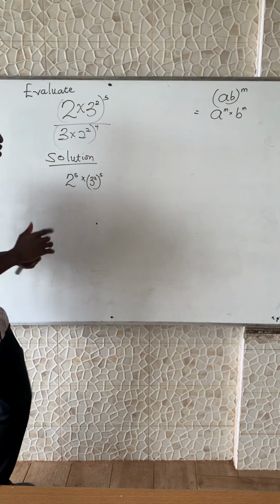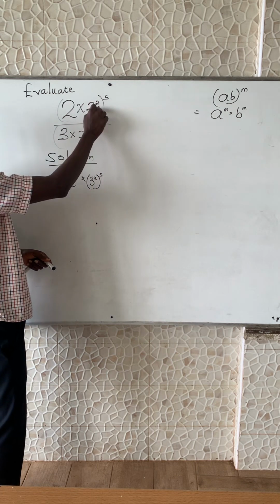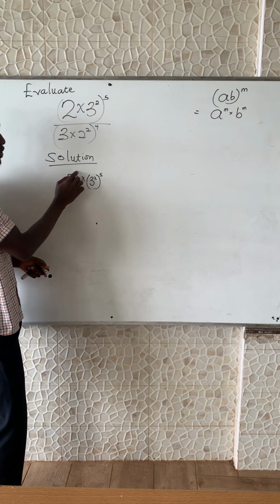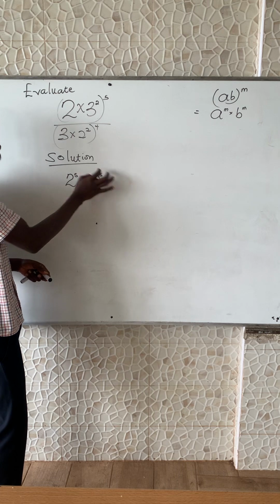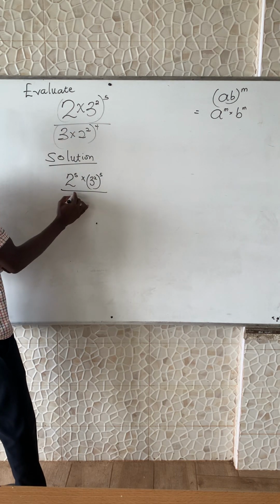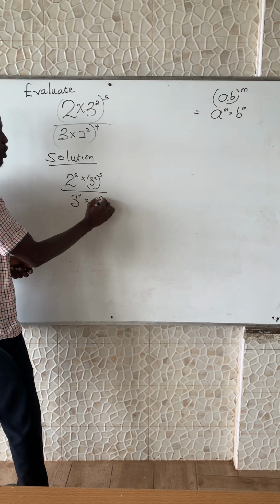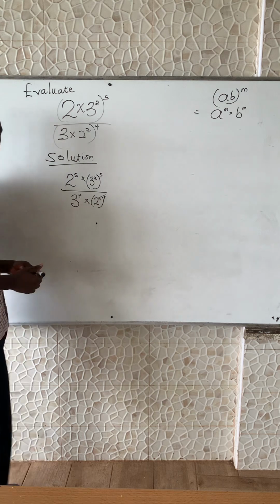Please don't get confused. 3 had an exponent of 2 already before we were given 5. So you get 2 exponent 5 times (3 exponent 2) all exponent 5, divided by, so do the same as the denominator, 3 exponent 4 times (2 exponent 2) all exponent 4.